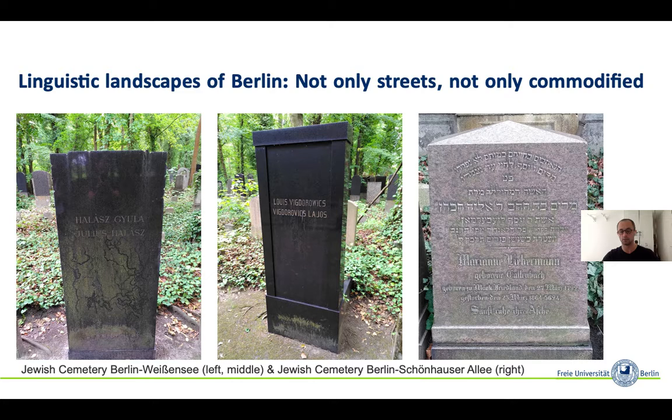If you remember what we said in the beginning about social constructivism, things are not intrinsically what they are, they are constructed by language use, right? And here by writing the name of the deceased person in two languages, it tells us something about that person. Very probably that person was also bilingual and somehow belonging to two different language communities, Hungarian and German. Okay.